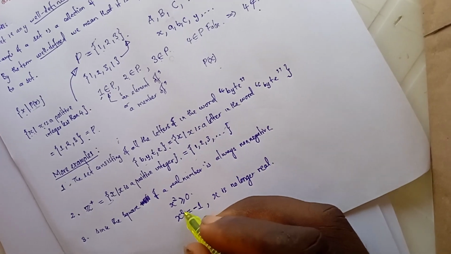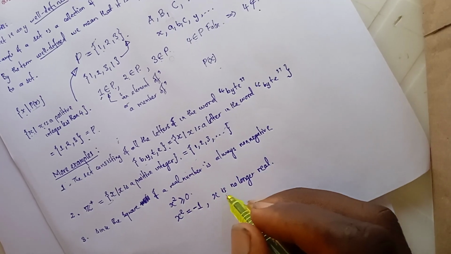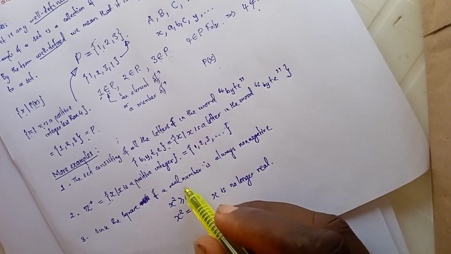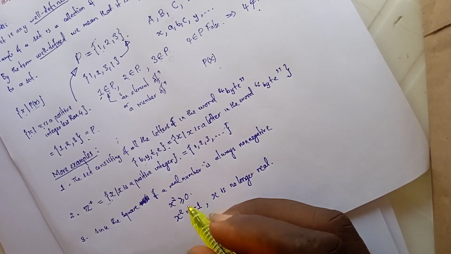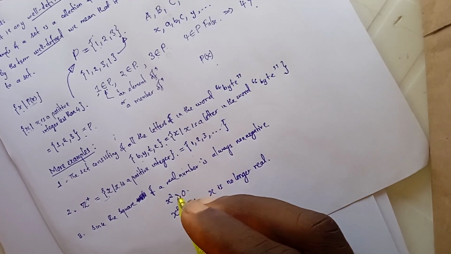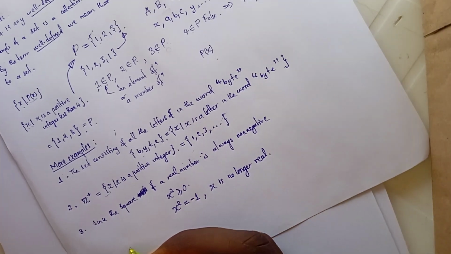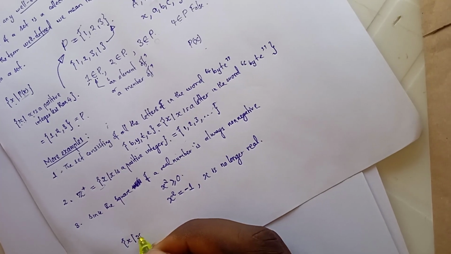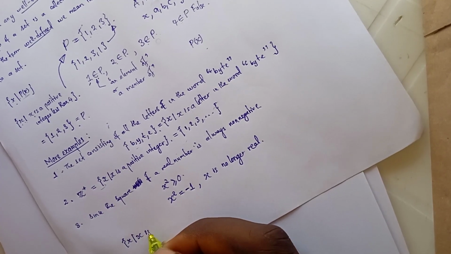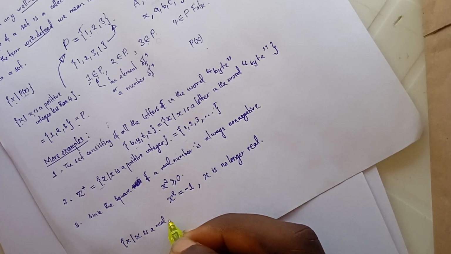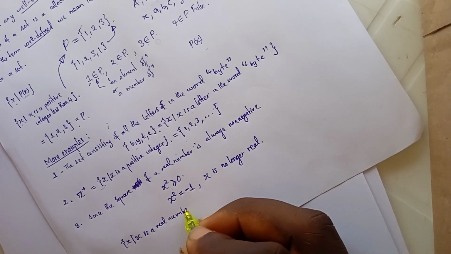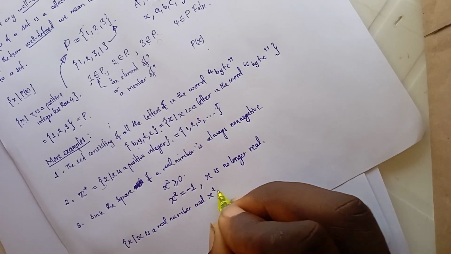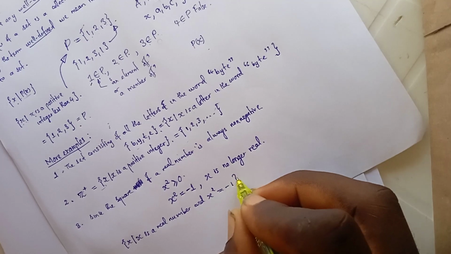If x squared is equal to negative 1, that means x is no longer real, because it is a fact that the square of real numbers is always non-negative. So we can write a set of all x such that x is a real number and x squared is equal to minus 1. What do you think?